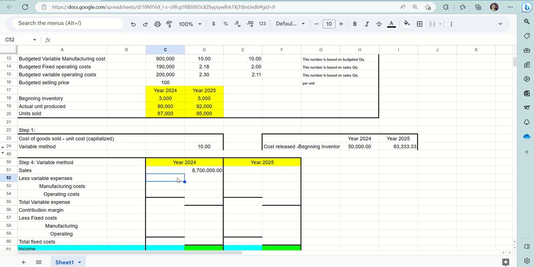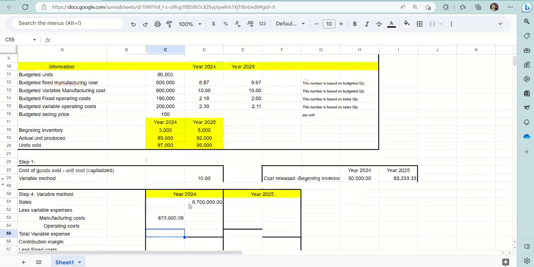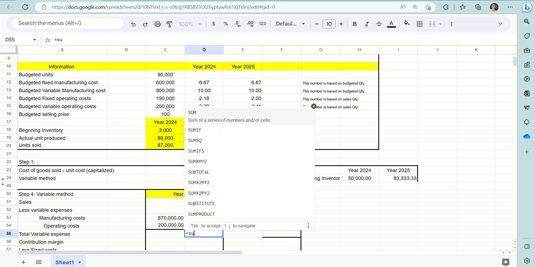We are now going to move to manufacturing costs. We multiply 87,000 by this variable method costing of 10. That would give us 870,000. And then we would have operating costs right there. The variable operating cost is 200,000. We're going to put that in and sum this up.